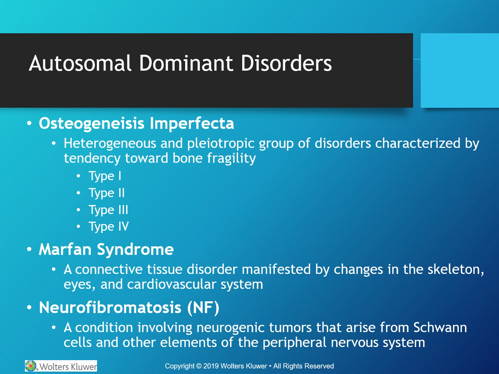Now, when you talk about neurofibromatosis, this is a condition that causes many tumors to develop from the Schwann cells of the neurologic system. There are at least two genetically distinct forms of neurofibromatosis, known as type 1 and type 2.